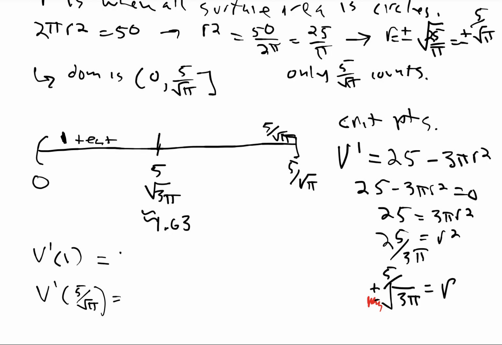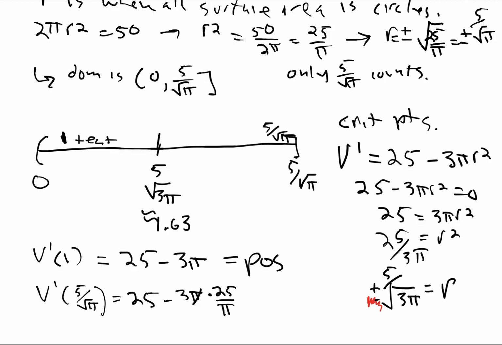So here, this will look like 25 minus 3 pi. Remember, pi is about 3 point something. That means we're subtracting off about 9 point something. This is going to be a positive value up here. On the other hand, for the second part, I've got 25 minus 3 pi times r squared, where r squared is 25 over pi.